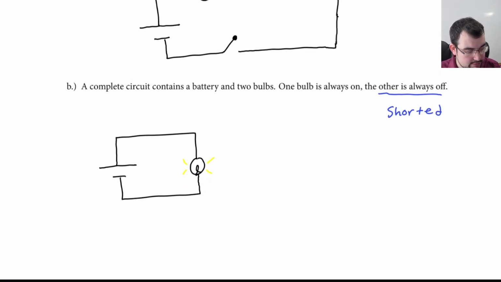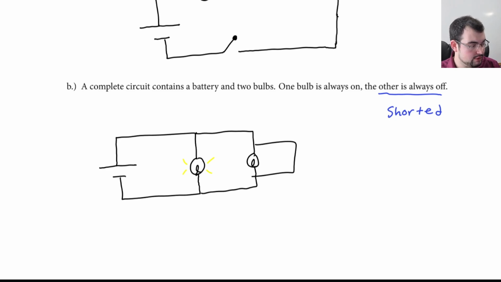So our first reaction might be to make ourselves like the parallel highway or the double lane drive-through. And then say, okay, this guy is shorted. Well, that actually would take out this one, because now everyone found their way through a zero resistance path. So it would be like red light, green light.